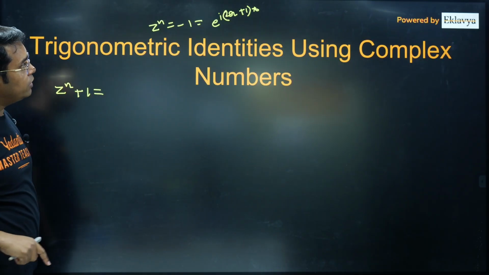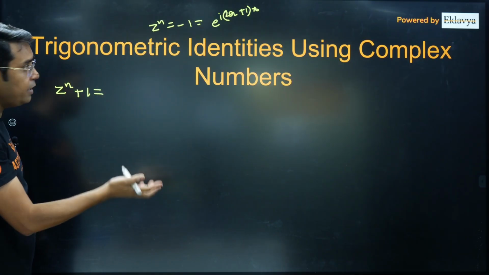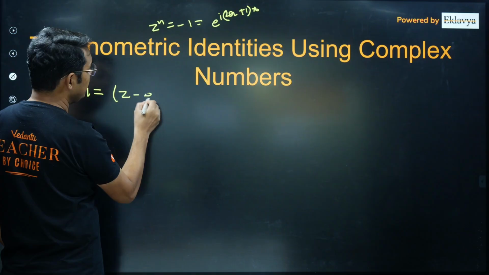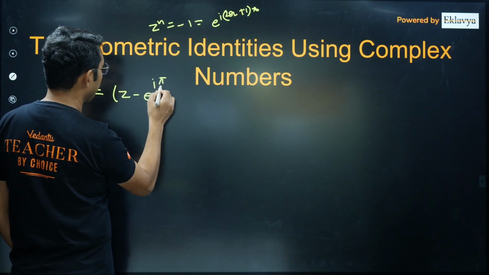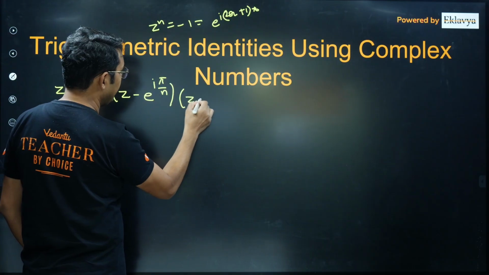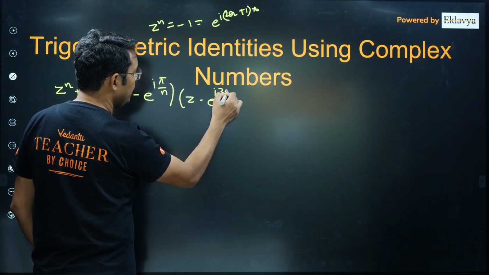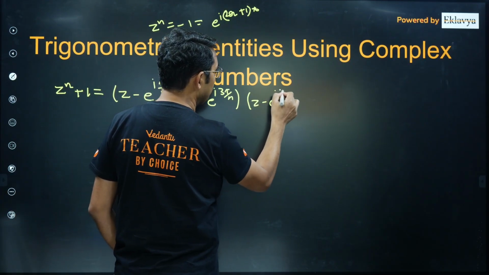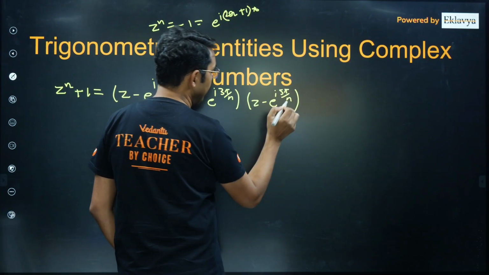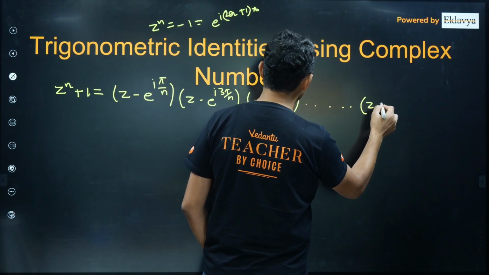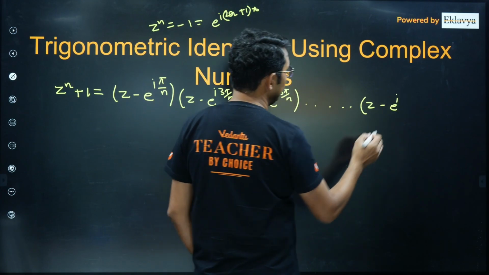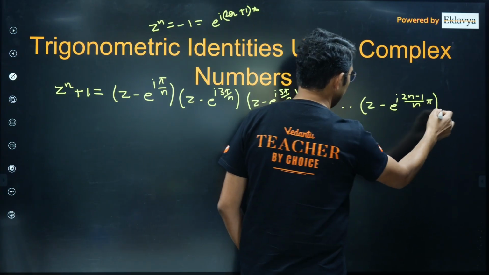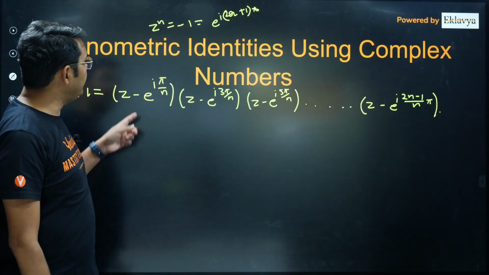So using de Moivre theorem or dividing by n in the power, you will be getting the first factor as z minus e power iota pi by n, then z minus e power iota 3 pi by n, then z minus e power iota 5 pi by n, and so on. The last one would be z minus e power iota 2n minus 1 upon n into pi, because after that you will get the same roots.